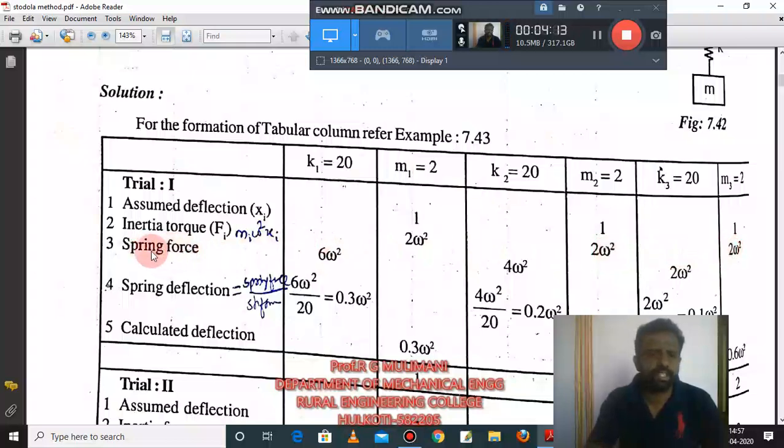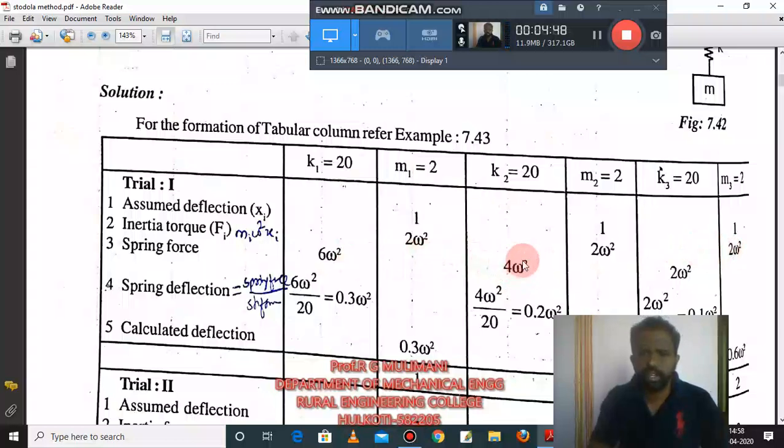Then you need to find the spring force. How to find the spring force? You have to write the spring force in the spring columns, the stiffness columns only, not in the mass columns. It is the sum of the inertia forces on the right side: 2 omega square plus 2 omega square plus 2 omega square, that is 6 omega square.